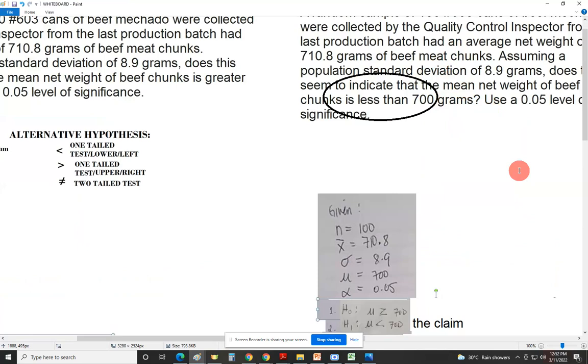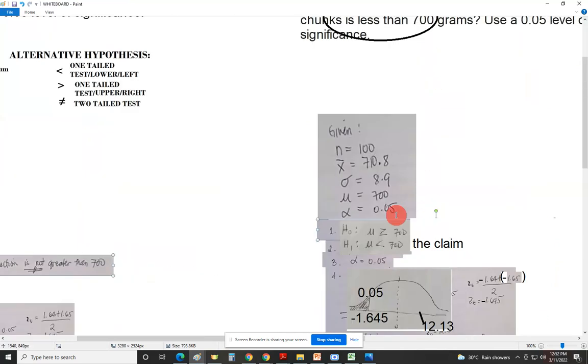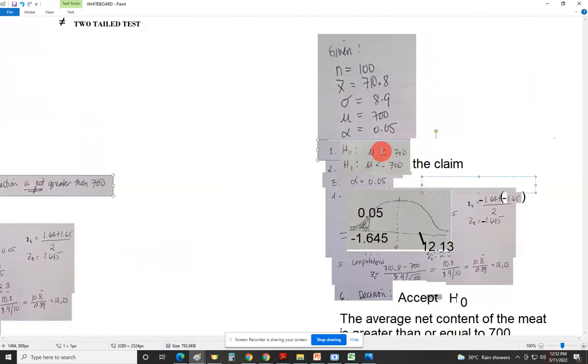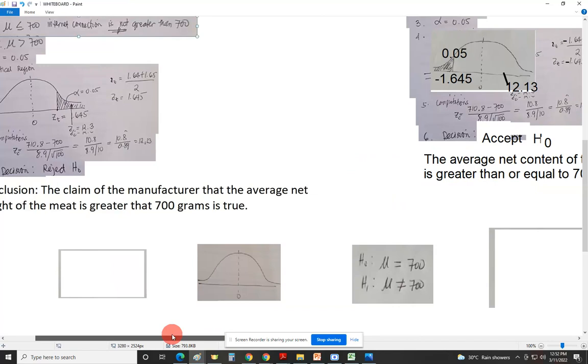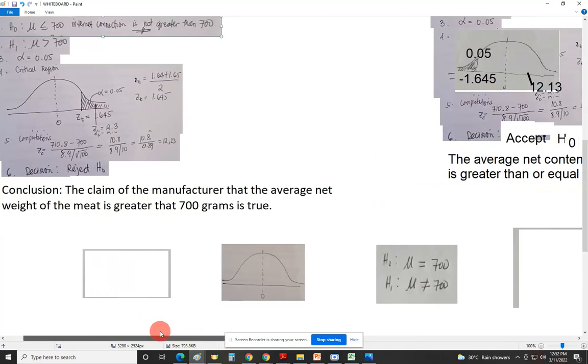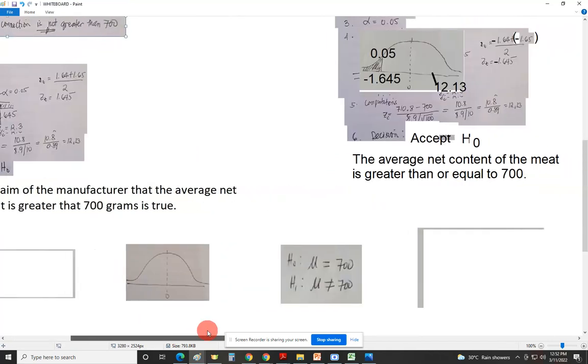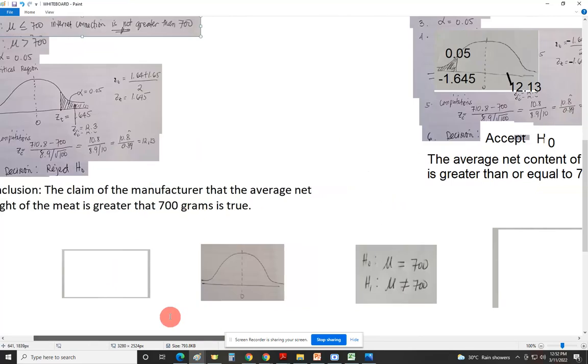So we are talking about, okay. So you're accepting it. Okay, look at step number 1, no? Mu is greater or equal to 700. Can you look at the two conclusions? Are they the same? Okay, the first conclusion, the same given. I just tweak the problem.